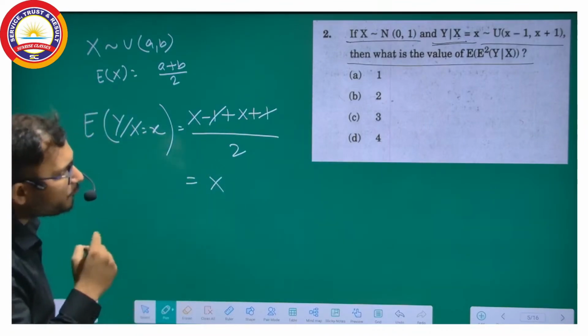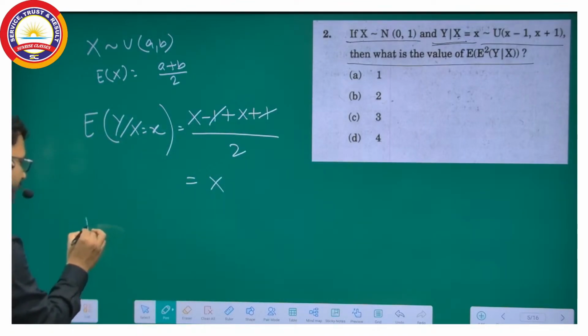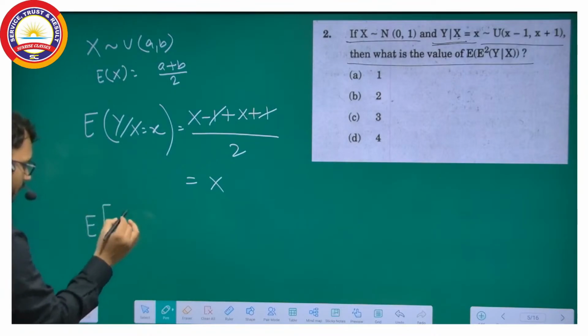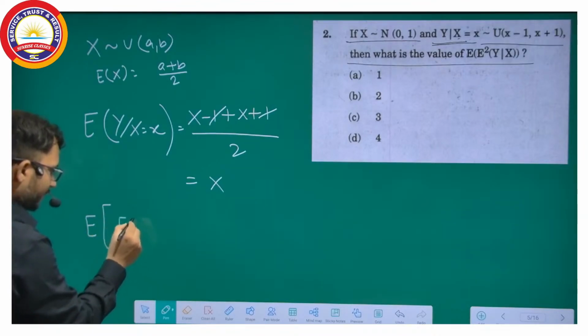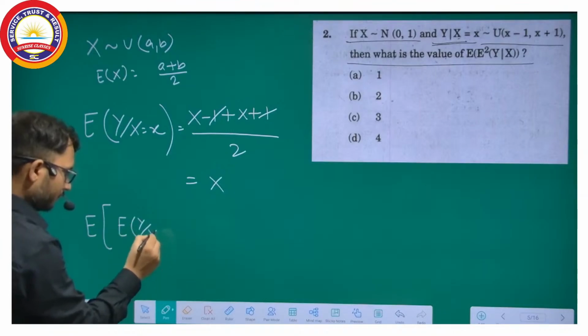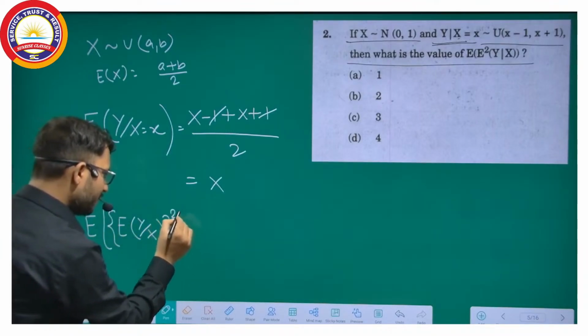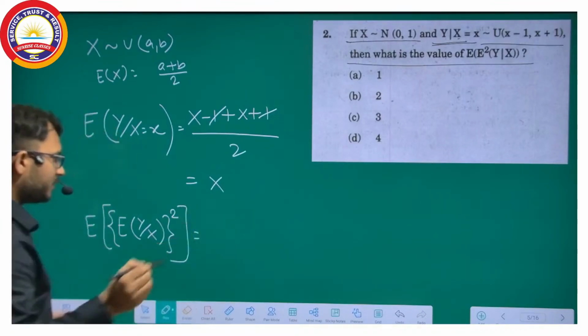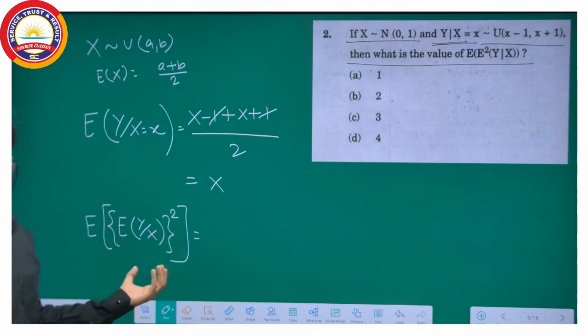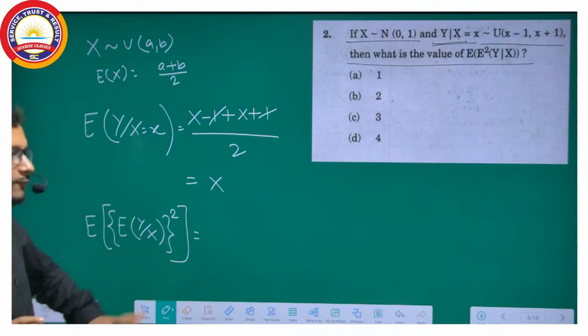Now what you have to find? You have to find expectation of expectation of y given x, squared. Write it in a very legible manner. Getting my point? This is what you have to find out.